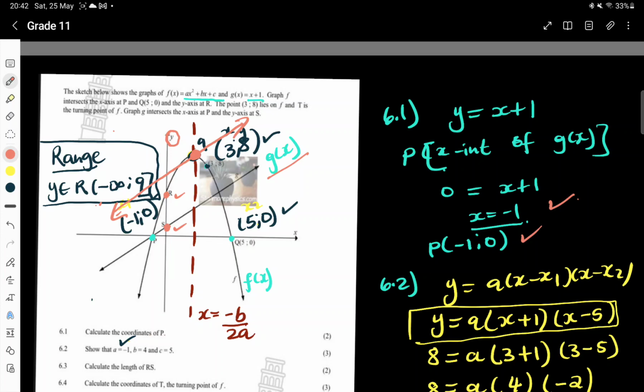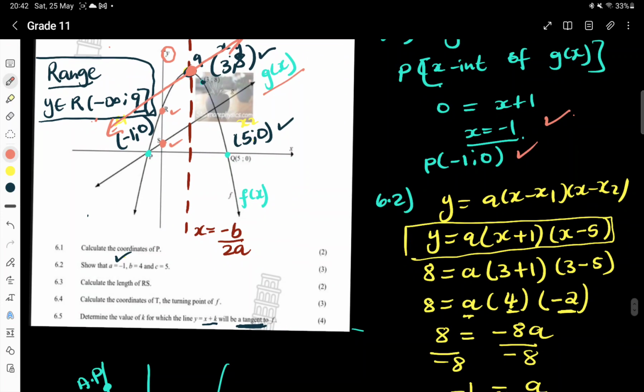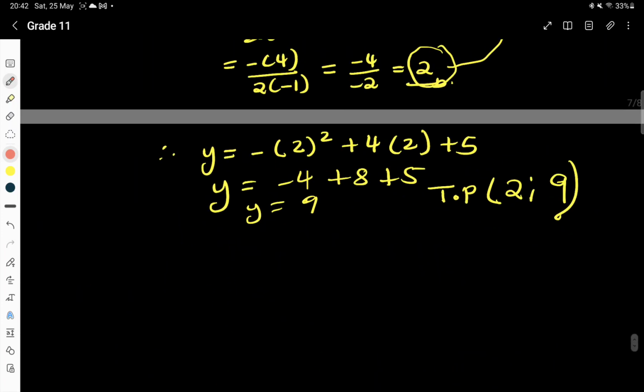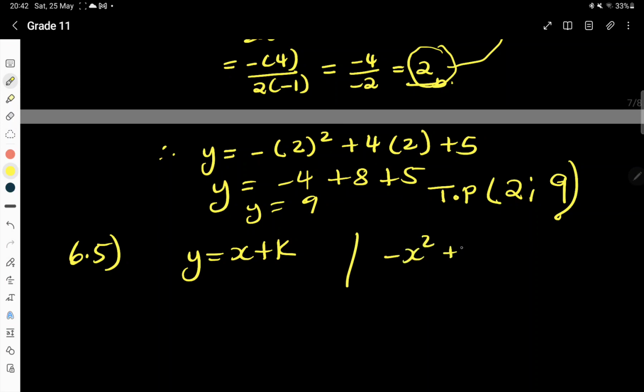So what we are going to do is equate the two equations. We've got x plus k, and the normal function which is negative x squared plus 4x plus 5. We equate them: x plus k equals negative x squared plus 4x plus 5.